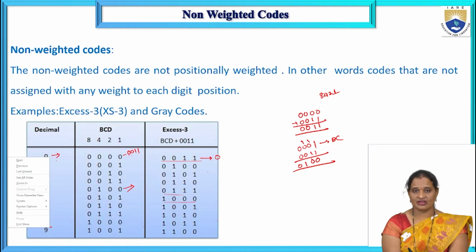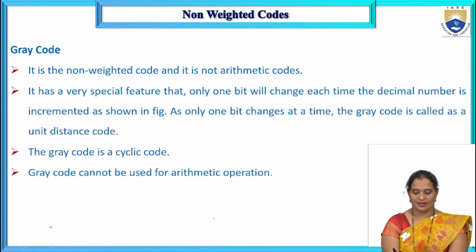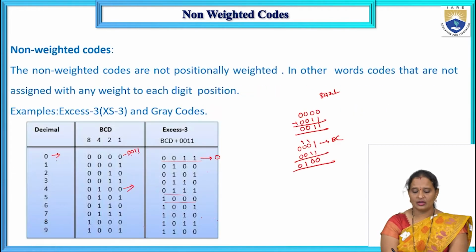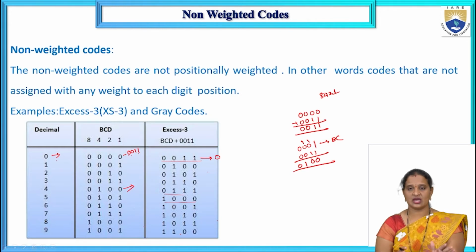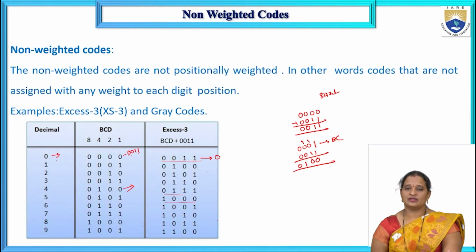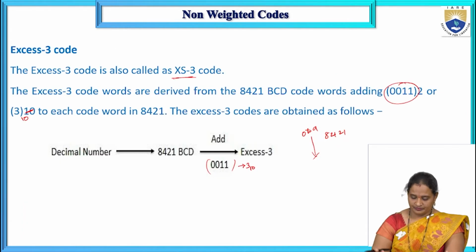How can we represent 11 in binary? 1011. And 9 plus 3 is 12, which is 1100. So this is how you can get the XS3 code for any decimal number. Just add 3 to the decimal digit and you will get the XS3 code.